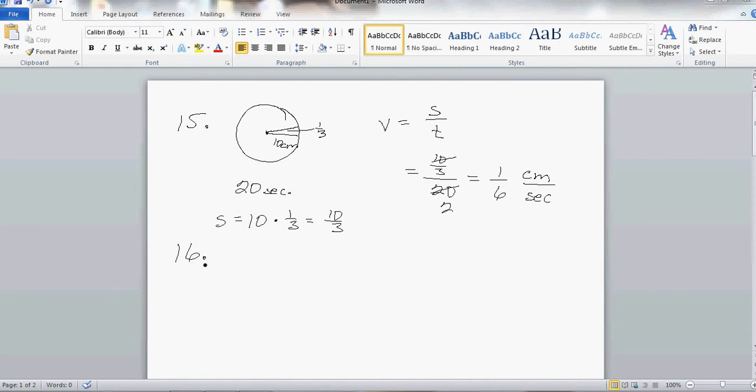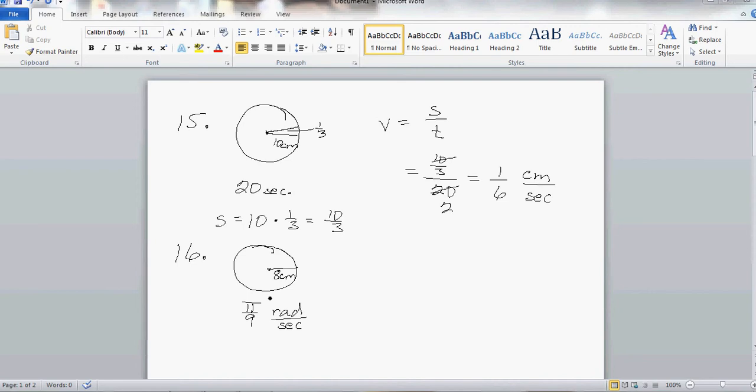Number 16. A gear with a radius of 8 centimeters is turning at pi over 9 radians per second. Now this is called an angular speed because it tells us how quickly it is going through a particular angle.